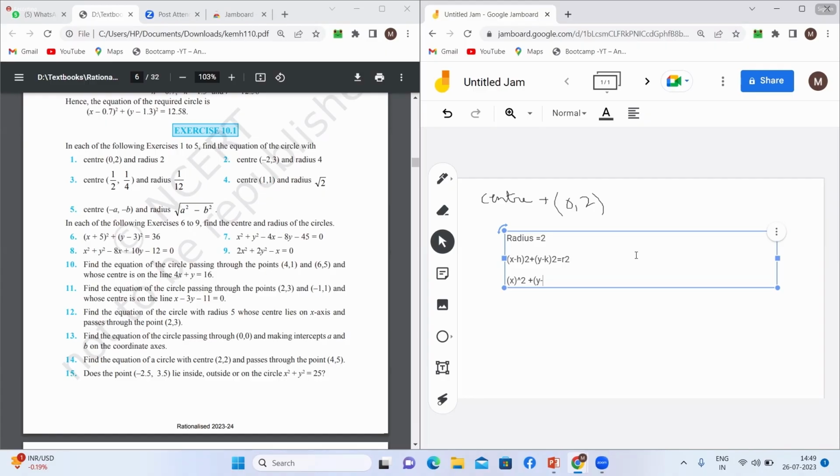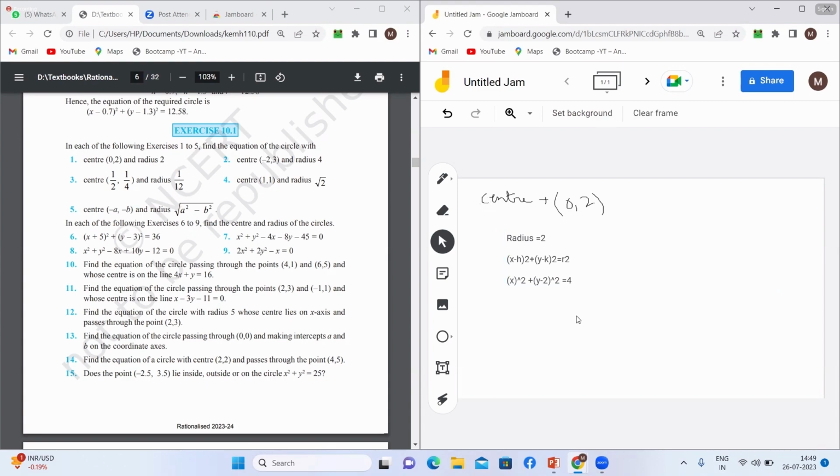What is k? k is 2. So (y minus 2) square equal to r square. What is r? r is also 2, and 2 square is 4. So this is our final answer: the equation of the circle is x square plus (y minus 2) square equal to 4. I hope you understood this.